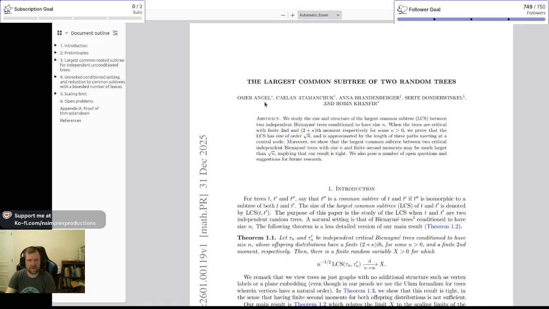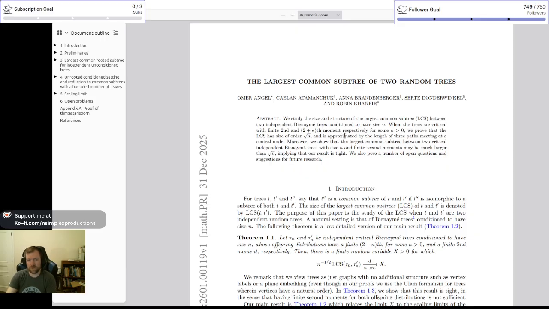Okay, so Omer Angel, Kalin Atmanchuk, Anna Brandenberger, Seta Donderwinkel, and Robin Kanfer. Abstract. We study the size and structure of the largest common subtree, LCS, between two independent Bienaymé trees conditioned to have size n.